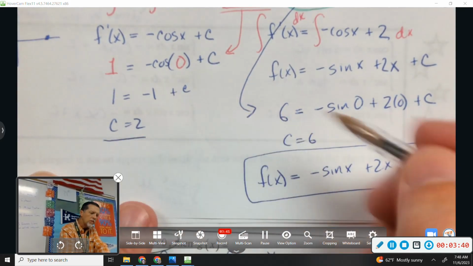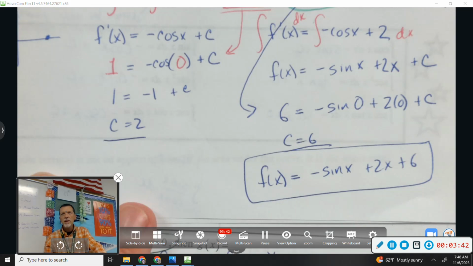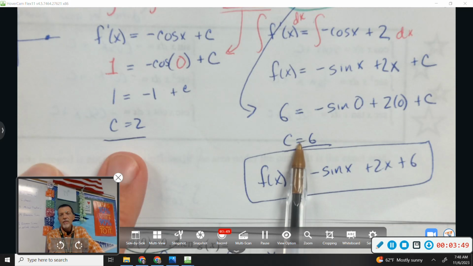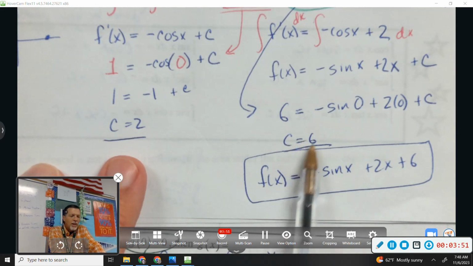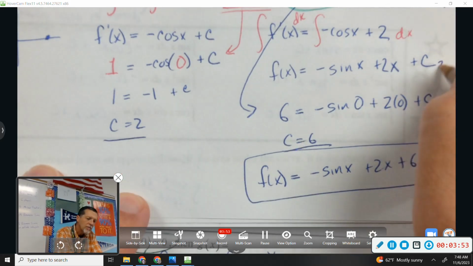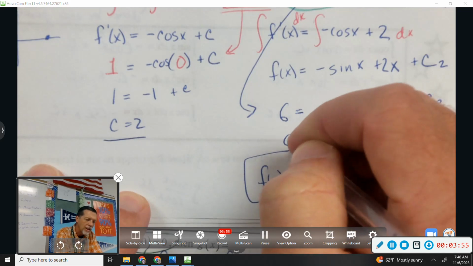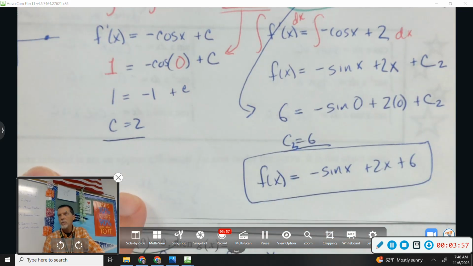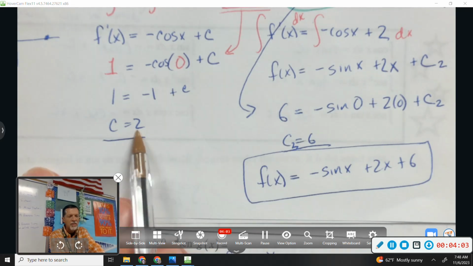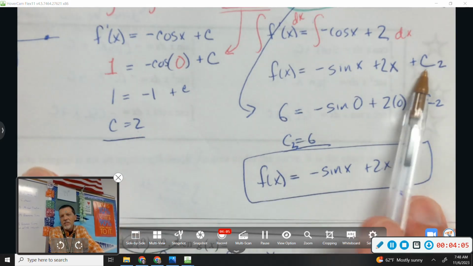The 2 c's are not the same thing, but since you find one and then you're done with it, it's okay to use c for both of them. If that bothers you, then when you hit the second one, call it c2. Nothing wrong with that, if you need to do that to help keep them straight. But if you solve for one and then move on, it's like, I'm done with this c. This is a different c altogether.